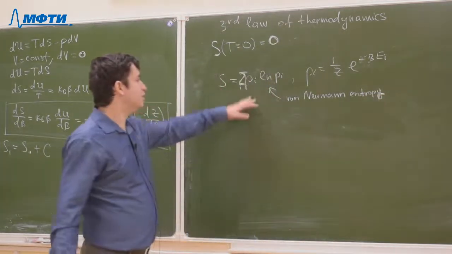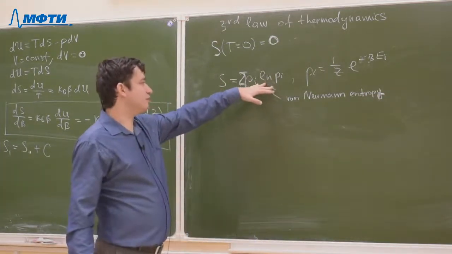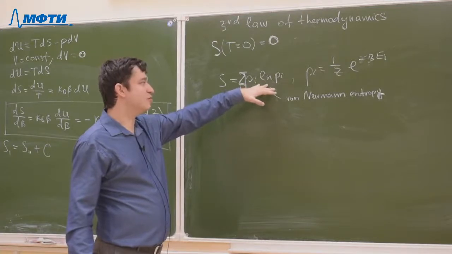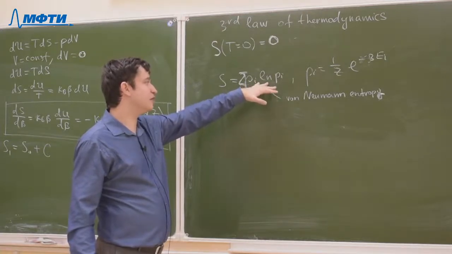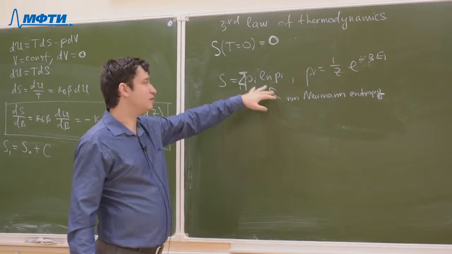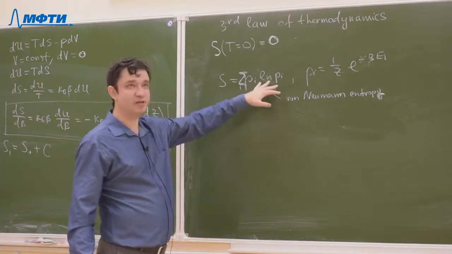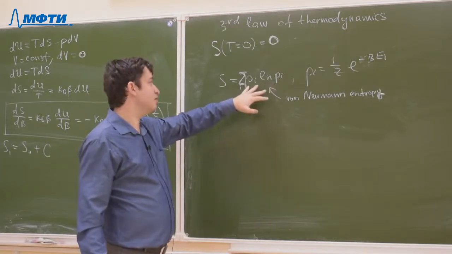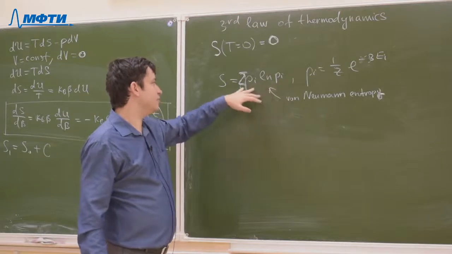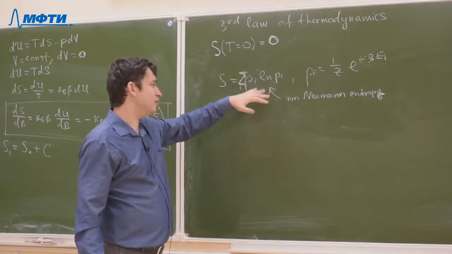So actually, this quantity can be determined in terms of classical mechanics, and in quantum mechanics we can also have these probabilities introduced, and the final result is that this quantity is the von Neumann entropy.